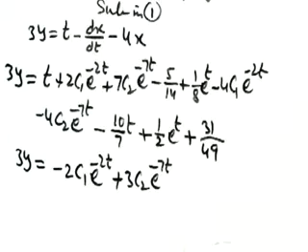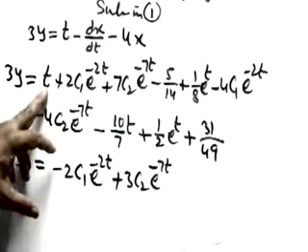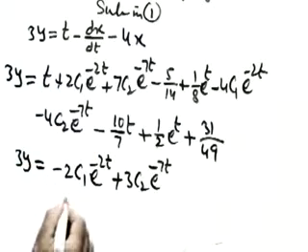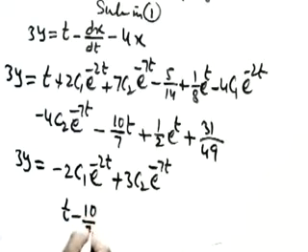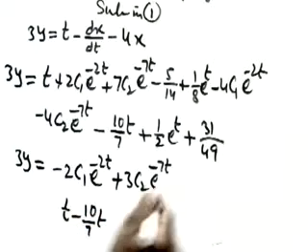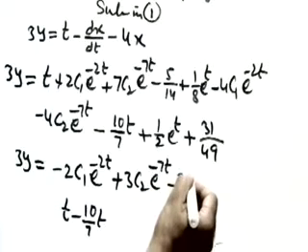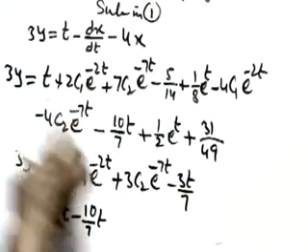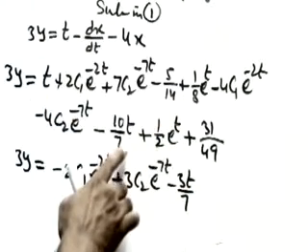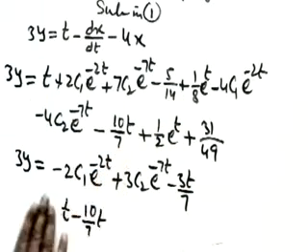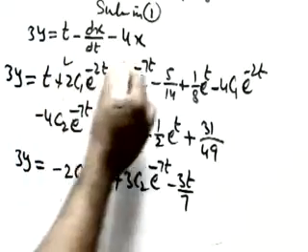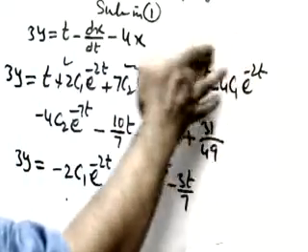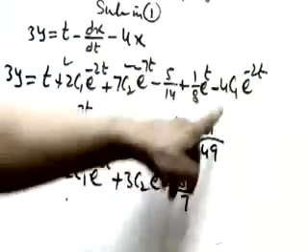Now next one is t here and t here: t minus 10 by 7 t. If you take LCM, 7t minus 10t is minus 3t by 7. Okay, now this term is finished.